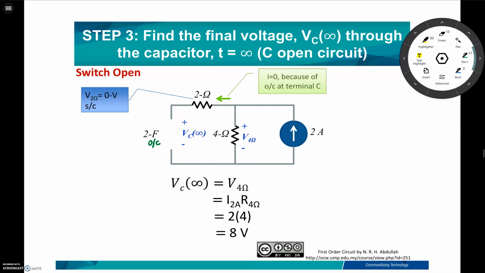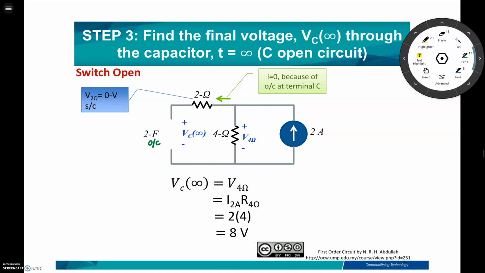Step 3. The condition is that the switch is open, and you need to find the final voltage, which is VC infinity across the capacitor. In this condition, t is infinity, and the capacitor is an open circuit. T infinity means the switch has been open for a long time.